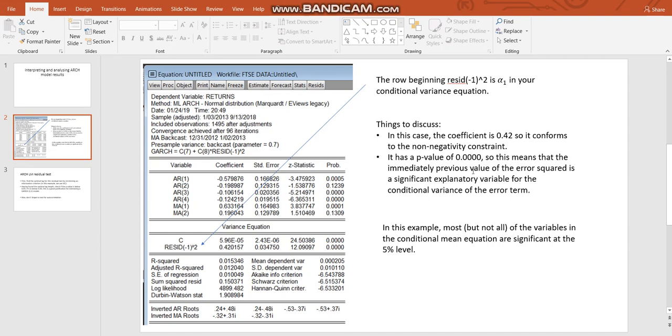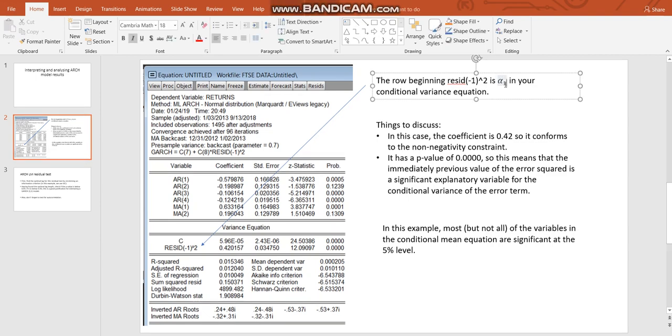I just realised that I've made a slight error. That is not supposed to be alpha 1. Alpha 1 equals 0.420157. The resid minus 1 to the power of 2 is actually your u squared value in the previous time period.